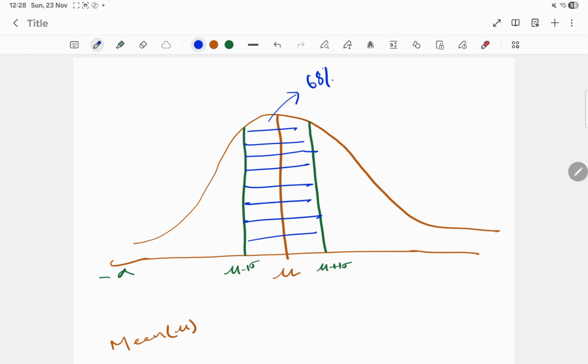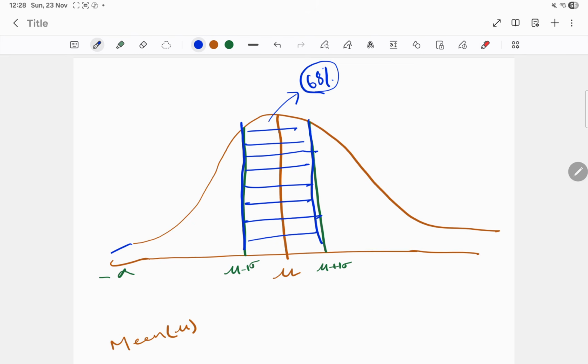This means, for example, let's say you have collected data from 100 people, and if you plot the responses of all those 100 people on the graphical sheet, 68 people's responses will fall in between mu minus 1 sigma to mu plus 1 sigma. Got it?